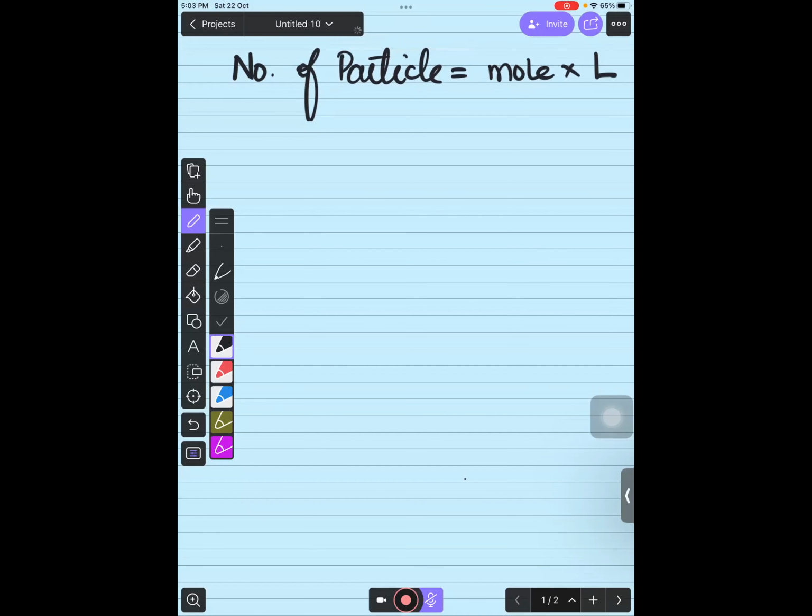Okay, so for example, if I have 5 moles of sodium hydroxide, what does it mean? It means that if I find the number of sodium hydroxide molecules in a compound, sodium hydroxide is not a molecule, but I'm considering one NaOH as a molecule, then it will be moles into Avogadro constant.